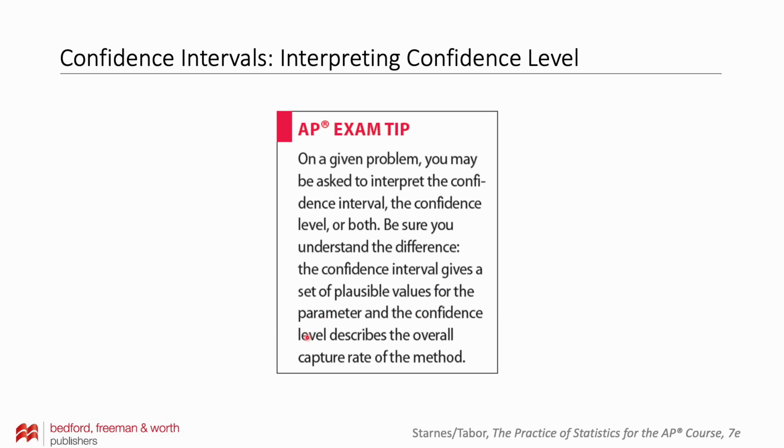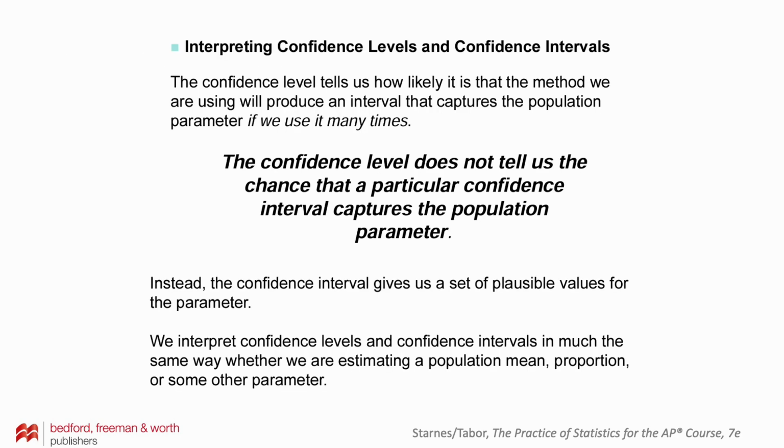And the confidence level describes the overall capture rate of that method. So confidence level tells us how likely it is that the method we are using will produce an interval that captures the population parameter if we use it many times. The confidence level does not tell us the chance that a particular confidence interval captures the population parameter.